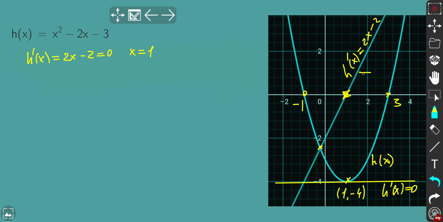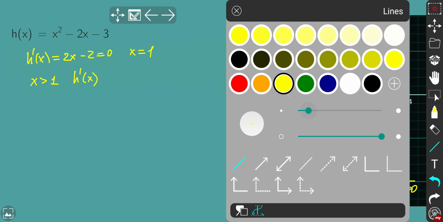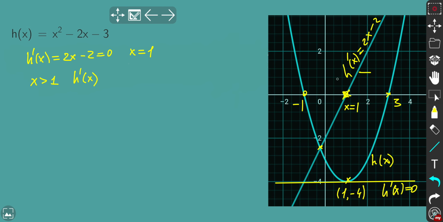As you can see here, for x more than 1, the h prime function is above the horizontal line. So in other words, this part of the function is completely positive for x more than 1. So h prime of x is more than 0.